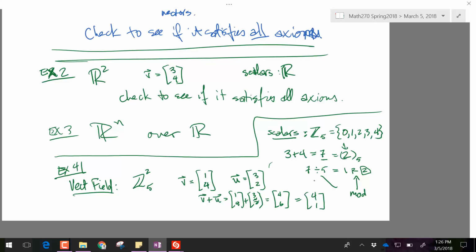So that's how the field is set up, so that when you create a vector space, you're only going to use these numbers. The mod is describing Z sub 5. But the vector space would be making vectors out of it.